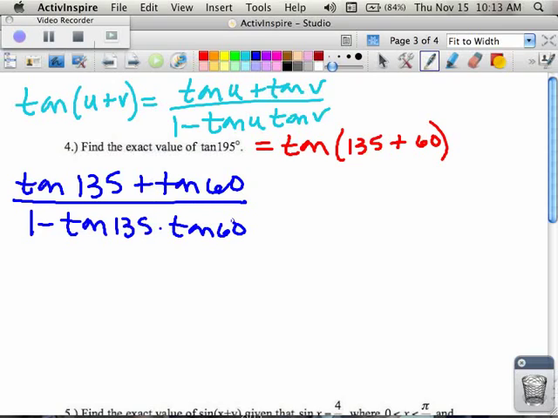Now, if you look at your hand trick, we talked about before, as a side note, that tangent of an angle is the sine over the cosine. Or in other words, it's the y value over the x value in the coordinates on our unit circle.